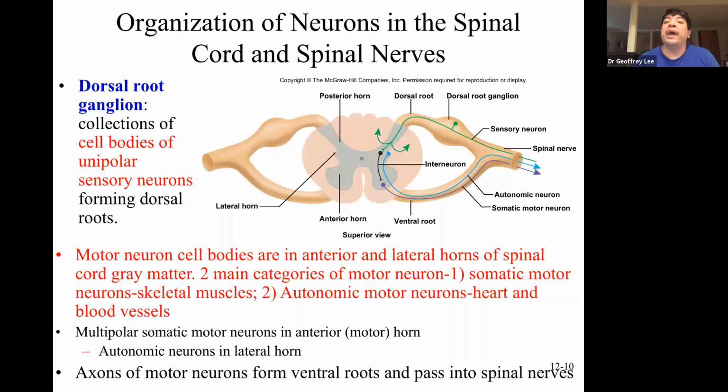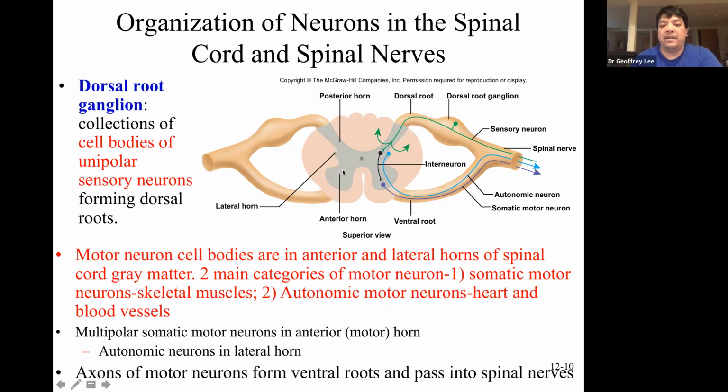Now, whereas the white matter are myelinated axons, and we call them columns, the gray matter are cell bodies and unmyelinated axons, and we categorize those clusters of cell bodies as horns.